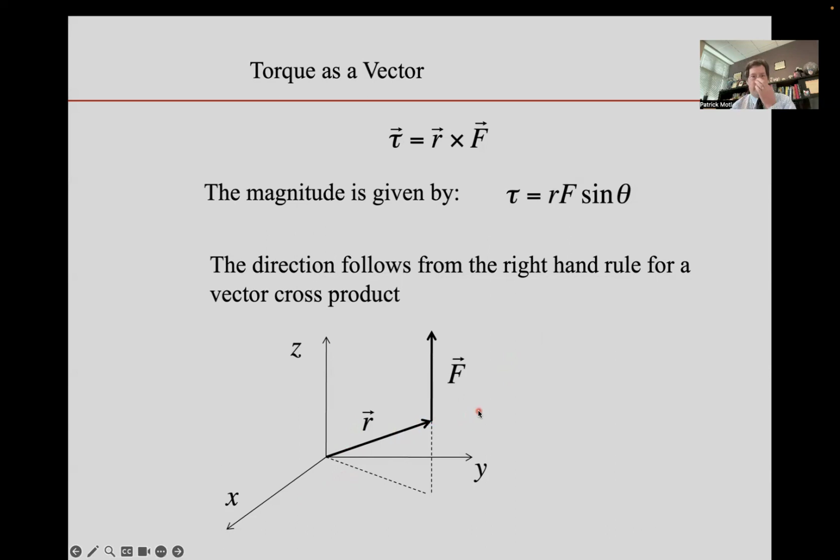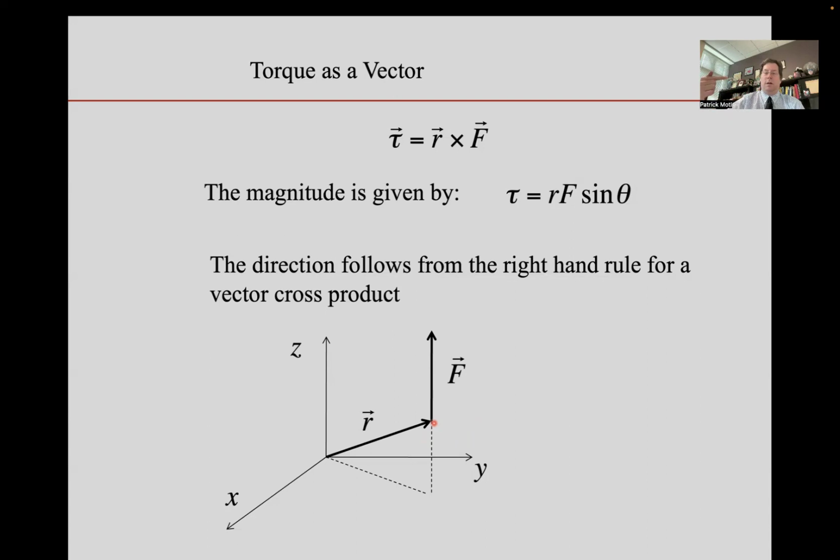So let's talk about how we find what direction it points. You take the fingers of your right hand, point them along the vector R, then curl the fingers of your right hand so that they're parallel to the second vector, which is F. And then the thumb of your right hand points in the direction of R cross F. So R cross F points this way. And so this would be a torque that is going to be circling around the Z axis.